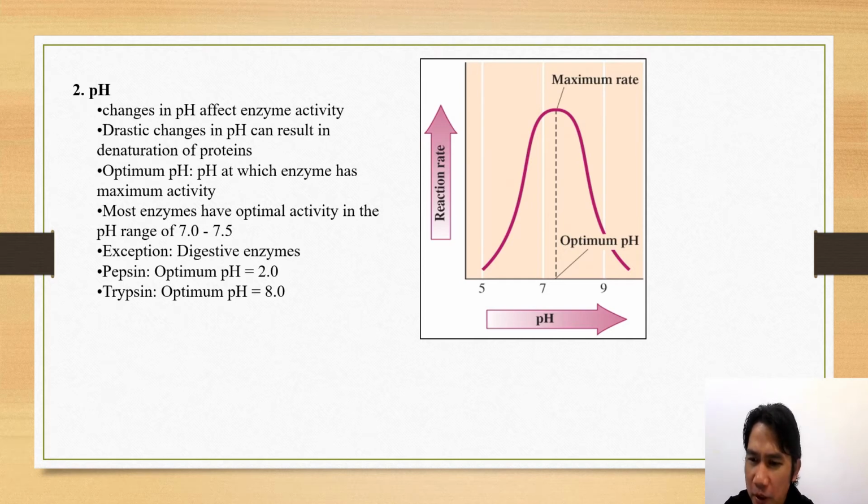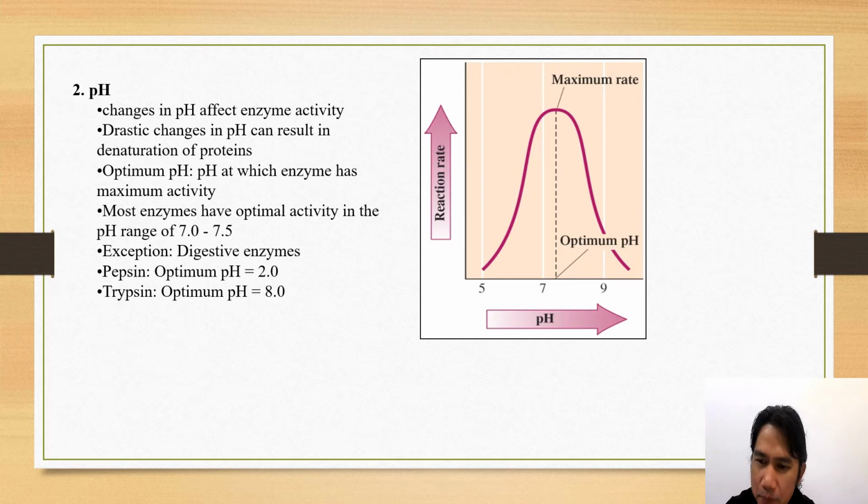However, there are many enzymes that have activities beyond or below this range, such as our digestive enzymes that have activity at pH 2 or even higher than pH 7.